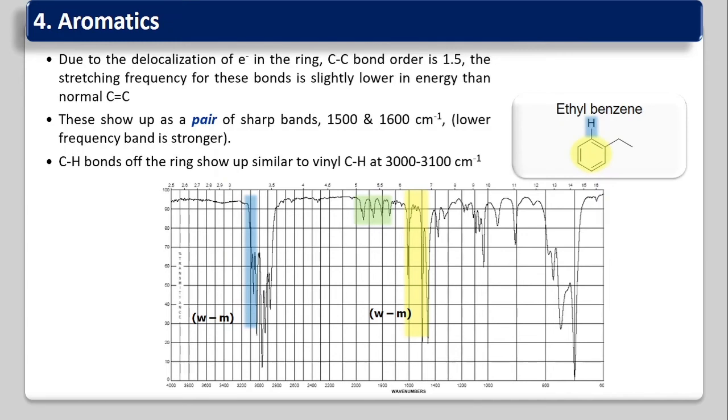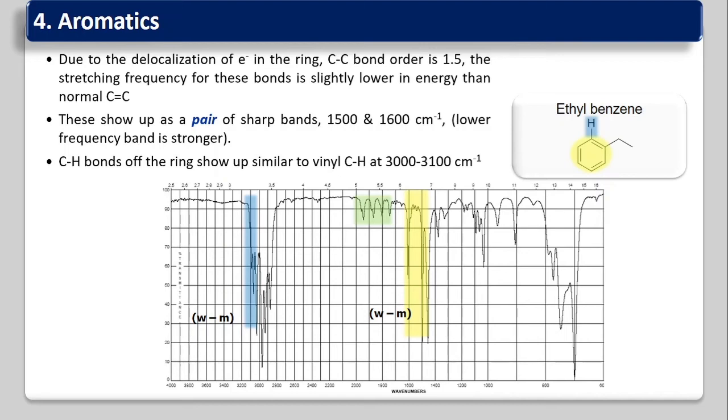So the stretching frequencies of double-bonded carbon to hydrogen come around 3000 to 3100 centimeter inverse. This is about the benzene ring. If there are multiple bands between 1500 and 1600 centimeter inverse, then benzene is present.